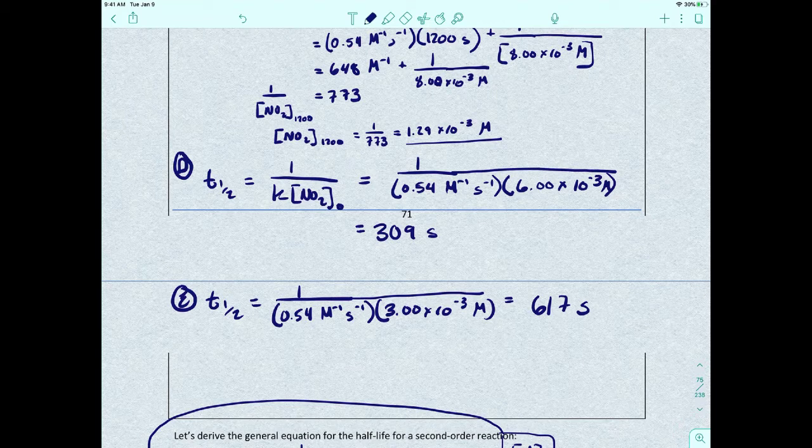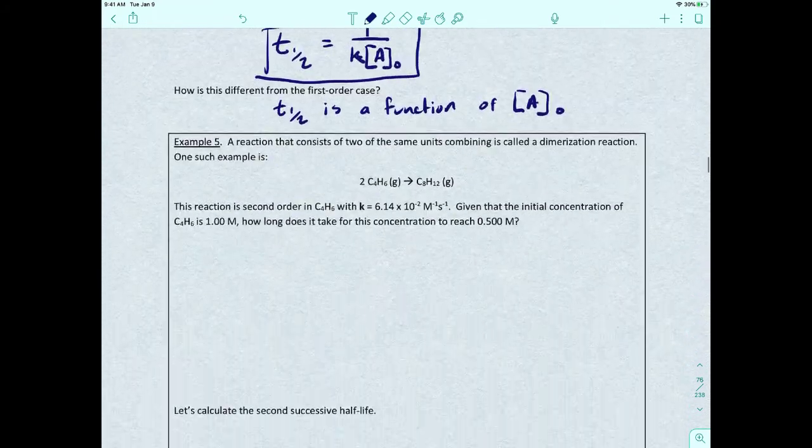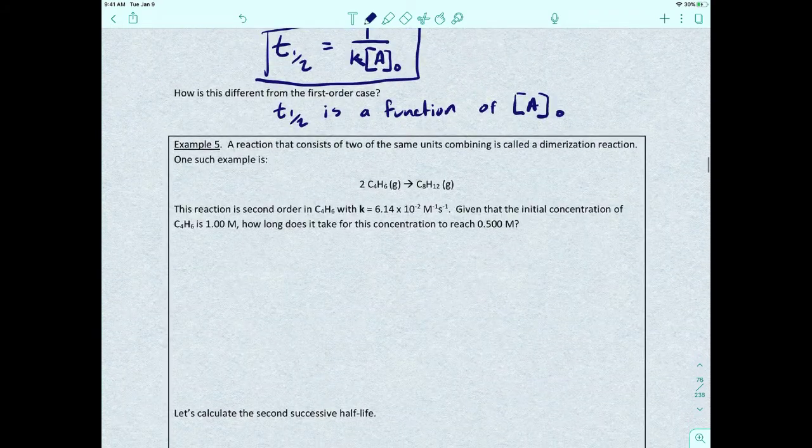All right, we have another problem we can try out. A reaction that consists of two of the same units combining is called a dimerization reaction. One such example is where you have 2 moles of C4H6, a gas, yielding 1 mole of C8H12, also a gas.